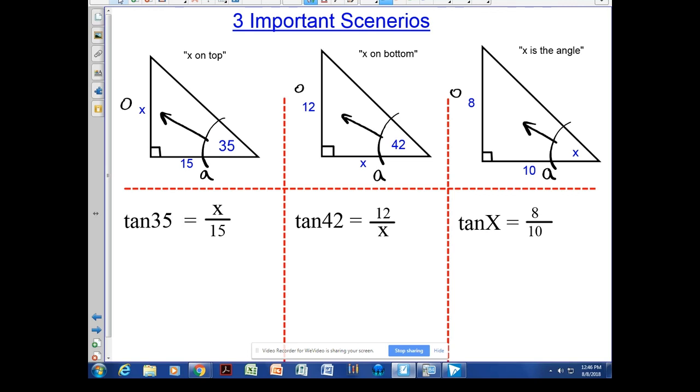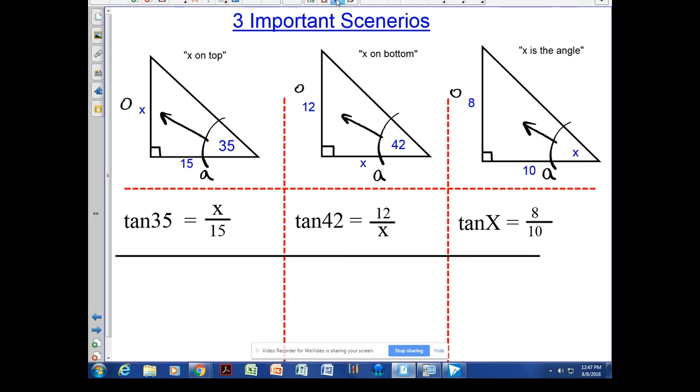You might have a tangent problem or a cosine problem or a sine problem where you end up with a function that has x on the bottom, like the middle problem. And you might also have a problem where x is the angle you're looking for. So we need to be able to solve for each of these scenarios. So let me show you a quick way to solve for x for each one.